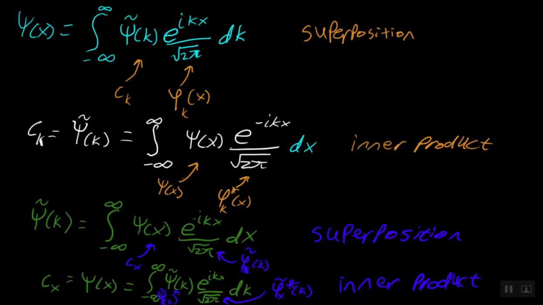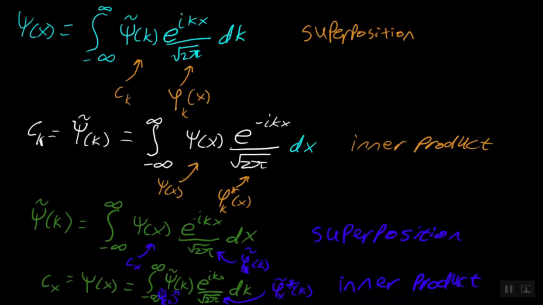Not a lot of textbooks will show it like this, but I wanted to show it. It's kind of beautiful, right? You get the same equations in position space and momentum space either by doing a superposition or by doing an inner product. And this is actually a really good sign. This shows that everything is fitting together perfectly, everything is consistent.